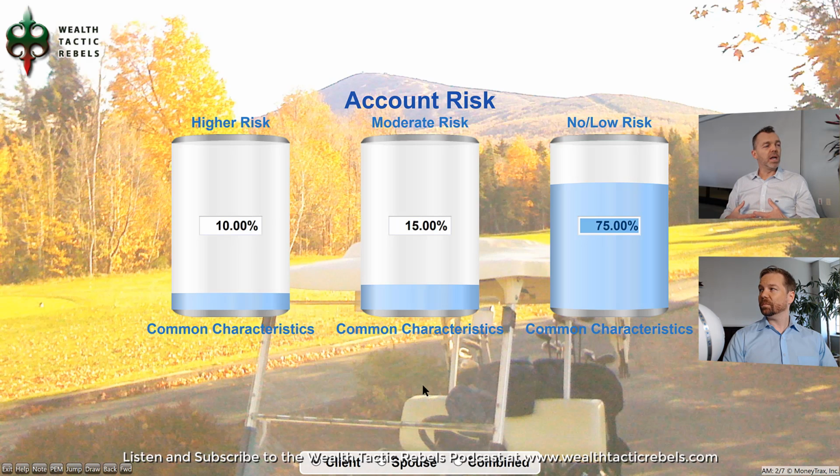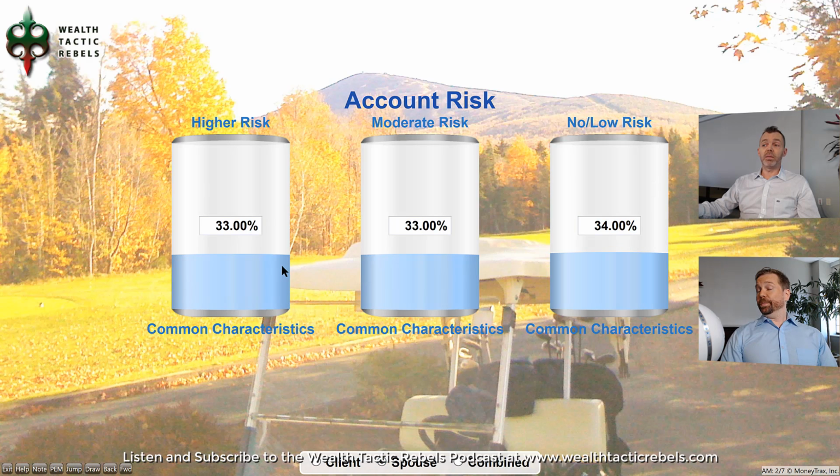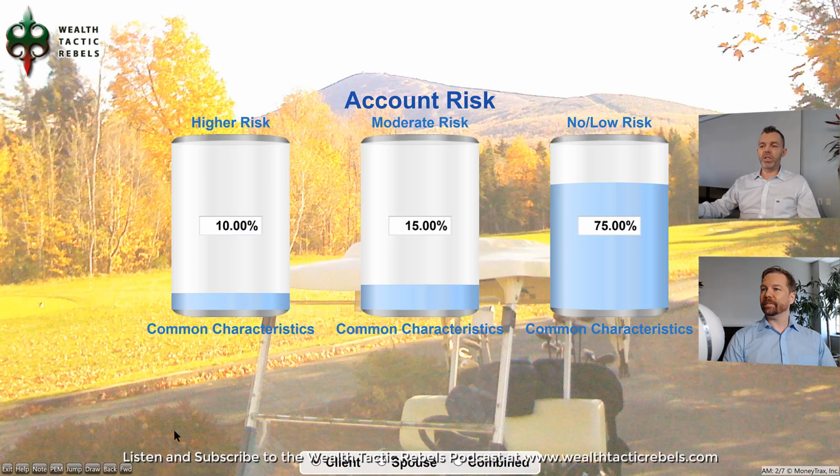That's why, when I do this conversation with people, spouses can have different answers. Some people are more aggressive and some people are more conservative naturally. So you might be leaning on the conservative side, but your spouse might be different. She might say, I want a third in each. But for you, you're a conservative guy, so this is where you would be.